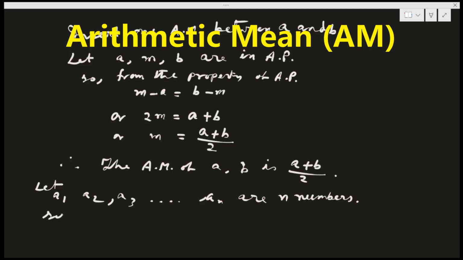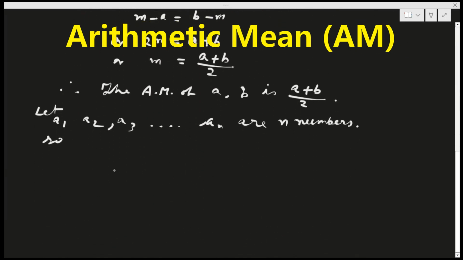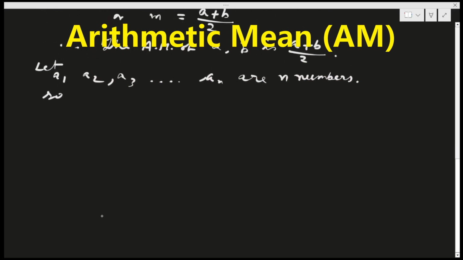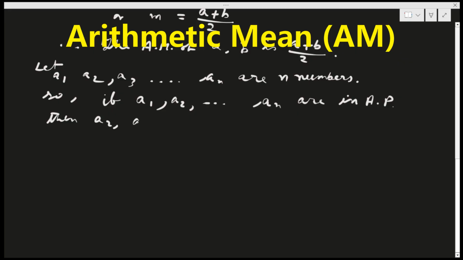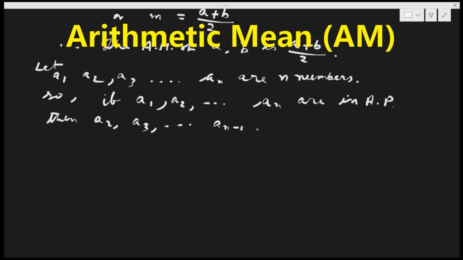So again we write: if A1, A2, and so on, AN are in AP, then A2, A3 and so on, up to A(n minus 1), that means the (n minus 1)th term, are called arithmetic means, or AMs.